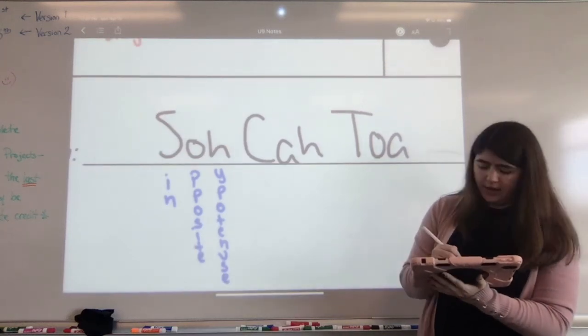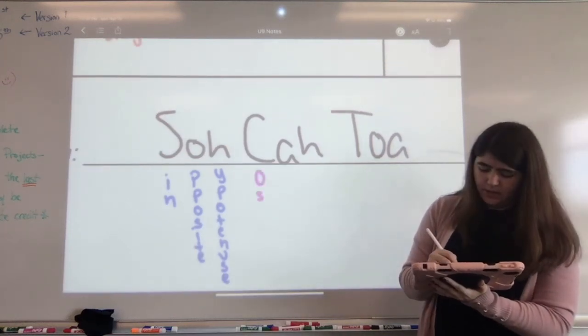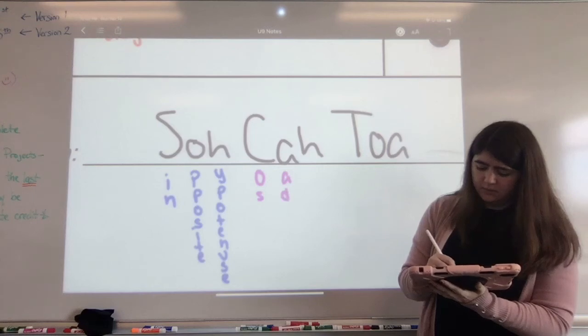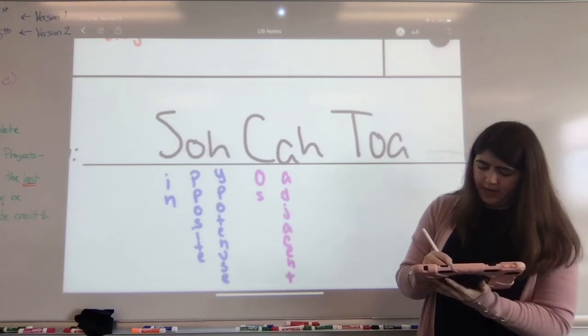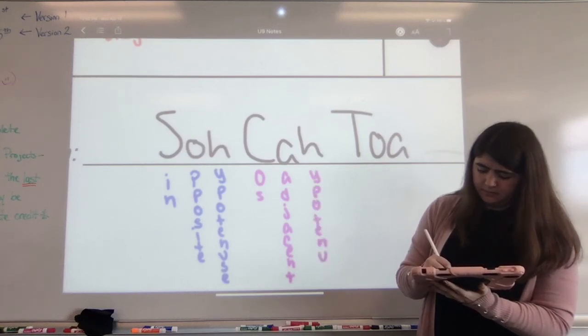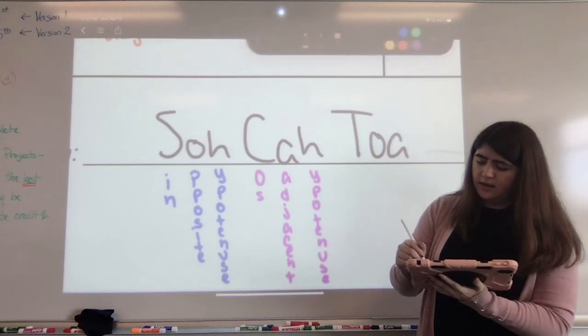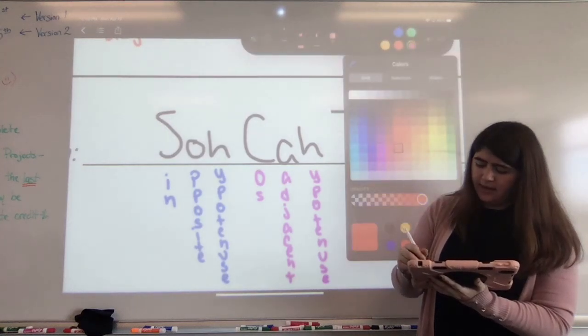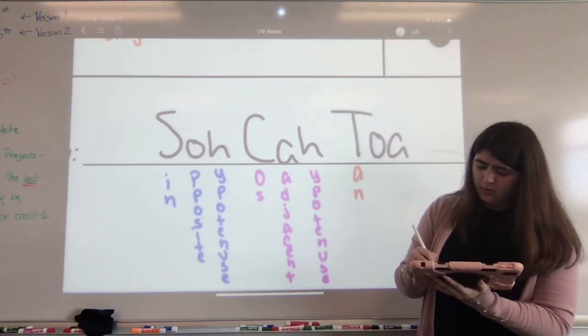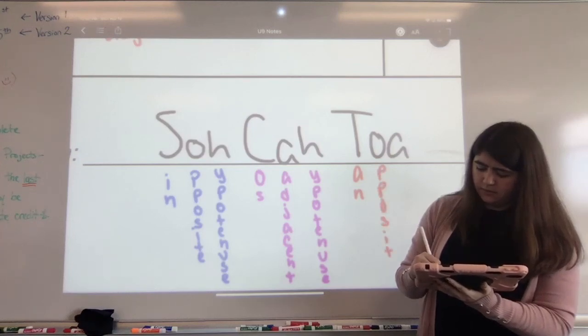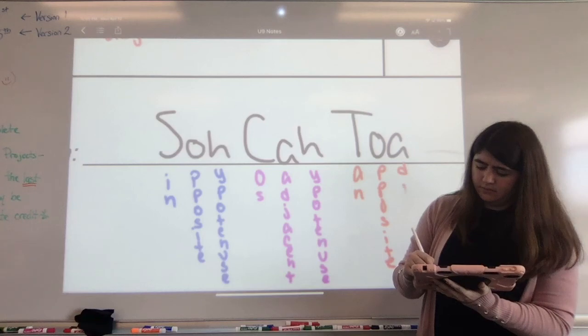Then we have cosine is equal to the adjacent over the hypotenuse. Then last, we have the tangent, which is equal to opposite over the adjacent.